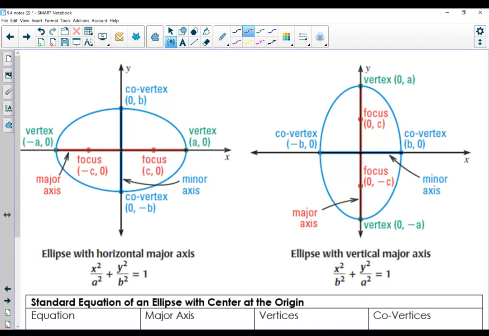The different parts I want you to notice here are the words vertex. On my major axis, on my big axis, I have a vertex on each end of that ellipse. The shorter axis, and I'll label it on this one instead, is my minor axis. And so my minor axis has co-vertices.